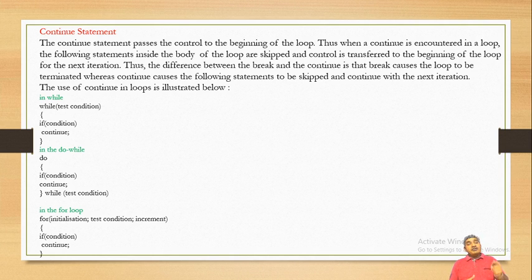If the condition is false, we still continue the execution of the program. In a for loop there is initialization, test condition, increment. If the condition is false, continue the execution.